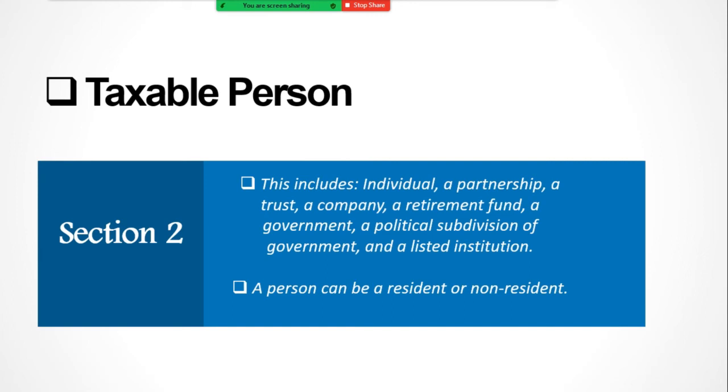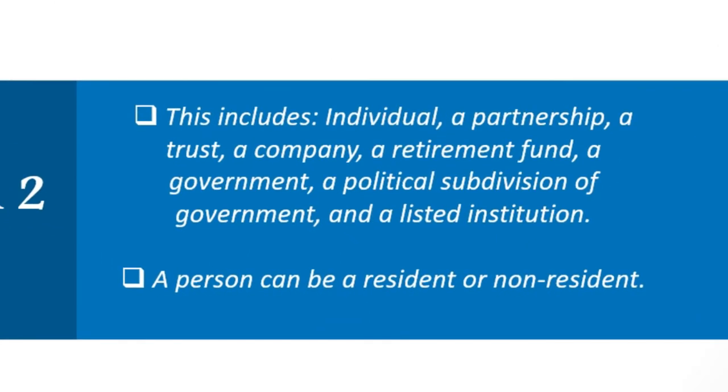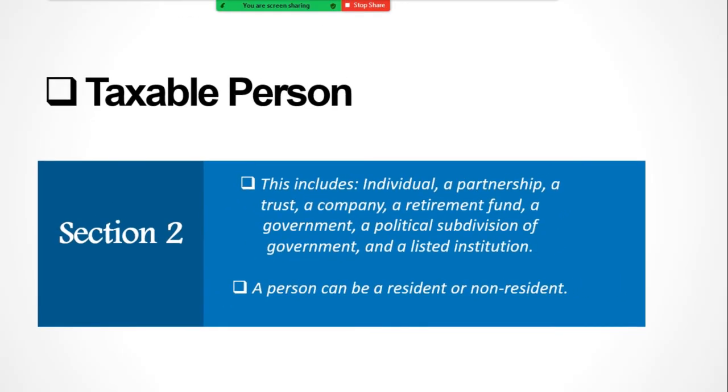We are referring to individuals, partnerships, a trust, a company, a retirement fund, government, political subdivision of government, or a listed institution. So the terminology person covers a wider scope when we are talking about the Income Tax Act. Again, as I've mentioned, the person can be resident or non-resident.